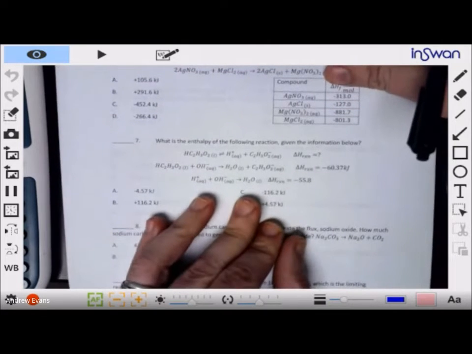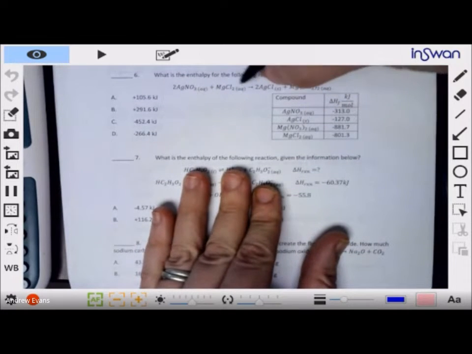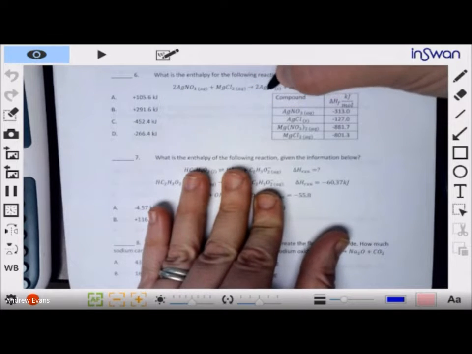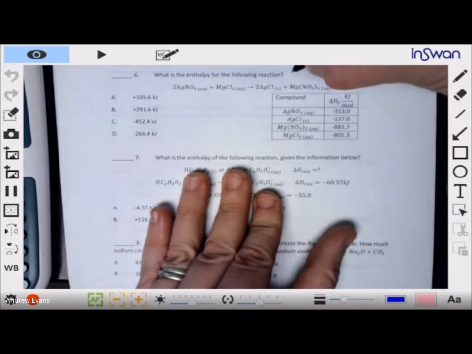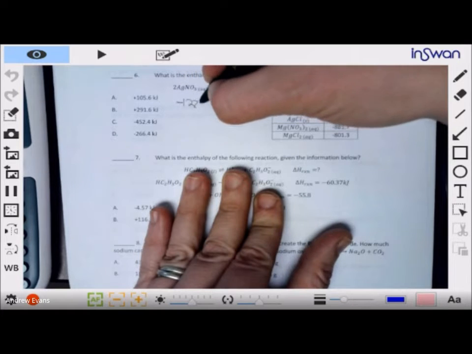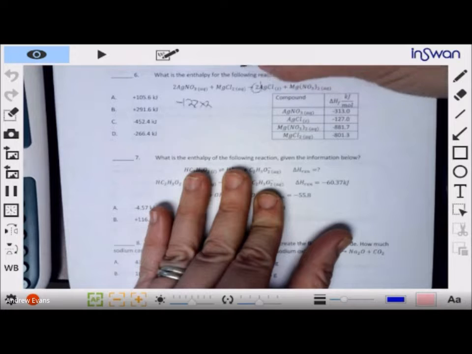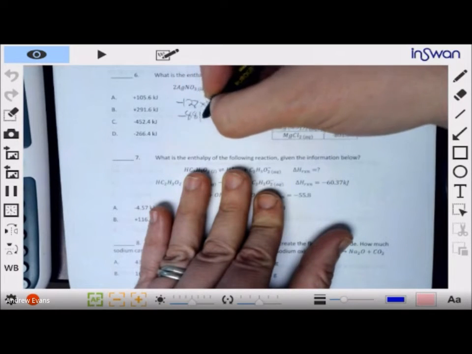What is the enthalpy of the following reaction? This should be more or less straightforward. You have to do products minus reactants. Don't forget that there's 2 silver chlorides and 2 silver nitrates. So products, all my products, let's see, products is negative 127 times 2, because there's 2 of these guys, and magnesium nitrate, negative 881.7.